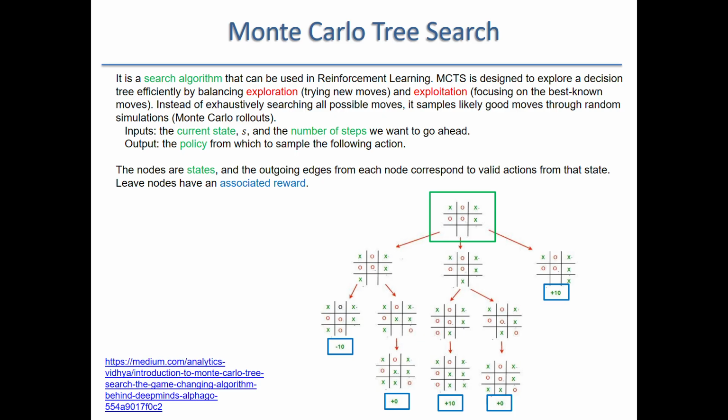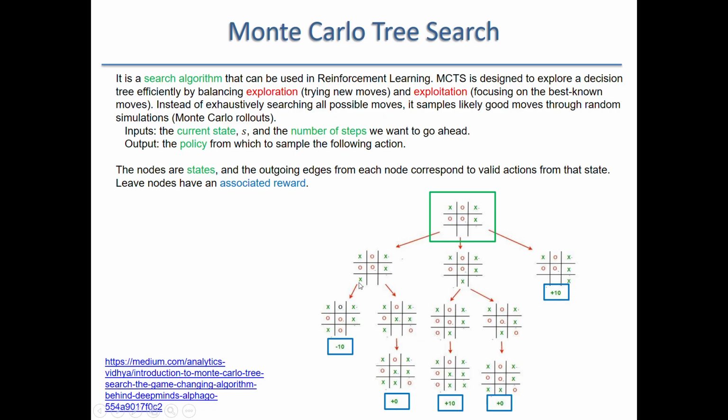Here we are showing a very simple example with tic-tac-toe. Let's say that this is the current state. From this current state, we can explore, for instance, putting a cross in this point, in this point, or in this point. If we put a cross in this point, we have a reward of plus 10.